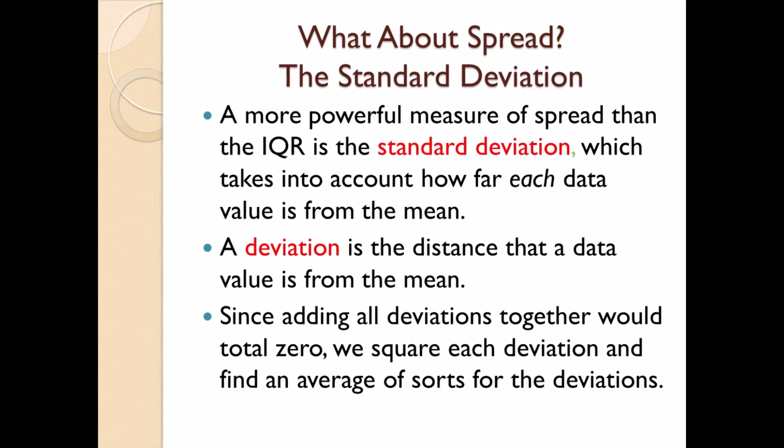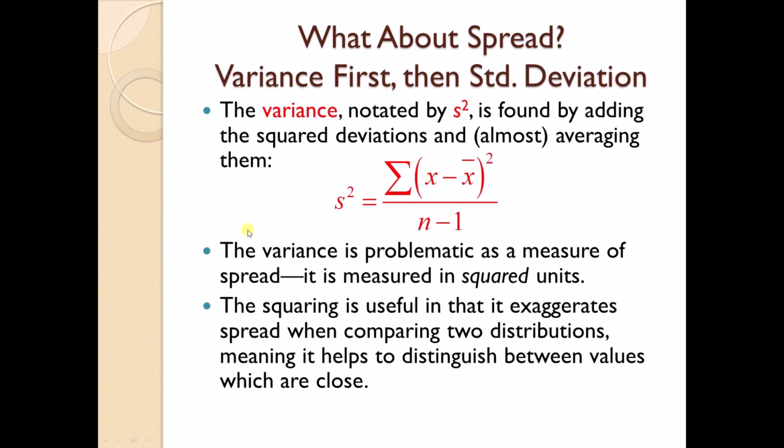If you combine all of those deviations from the mean by addition, they add up to zero, so they average to zero. That's rough, because the average of zero is zero.